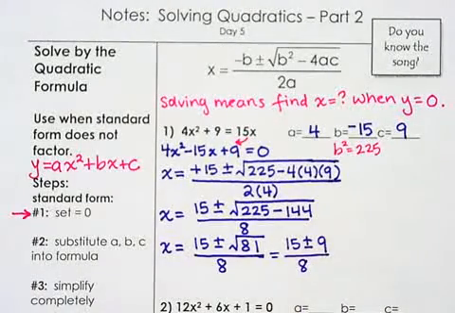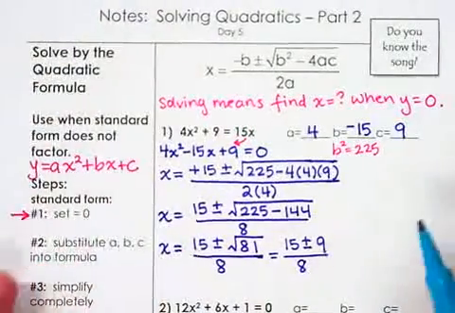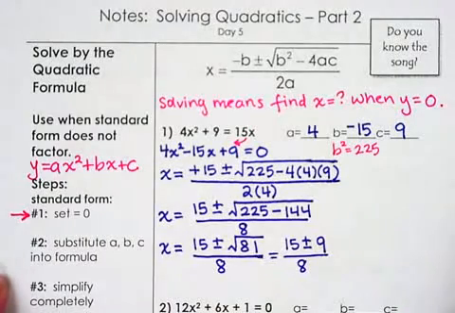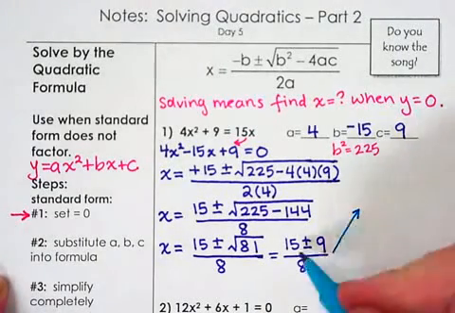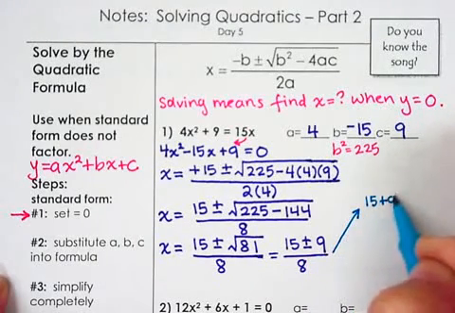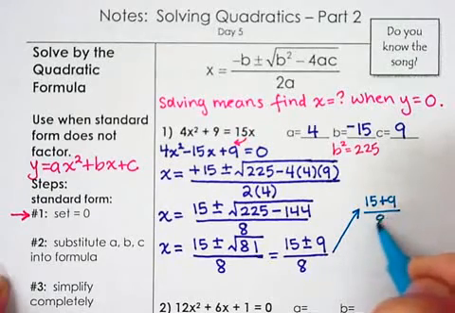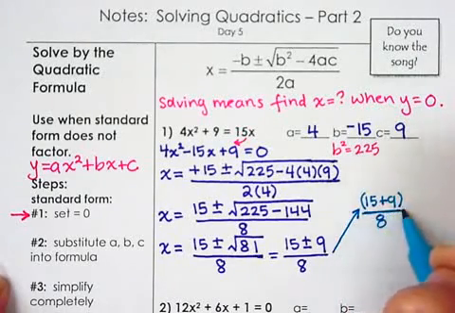So we're getting closer to the end here. Now, at this point, I separate this into two separate problems because I have to separate that plus or minus sign. So I do this 2 different times. The first time I do just the plus sign: 15 plus 9 over 8. And that top part has to be done first.